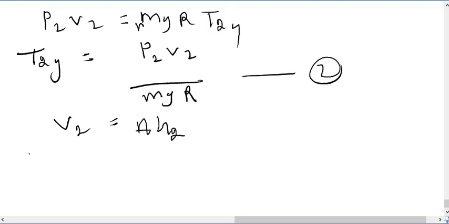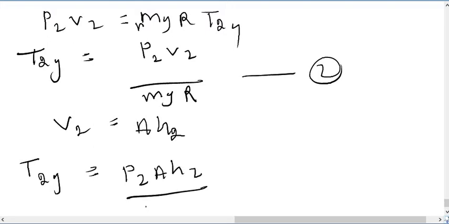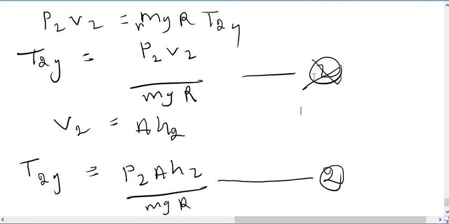So I substitute: T2 is equal to P2 times the area times H2 all over mR. Let me call this my equation 2. Note this.